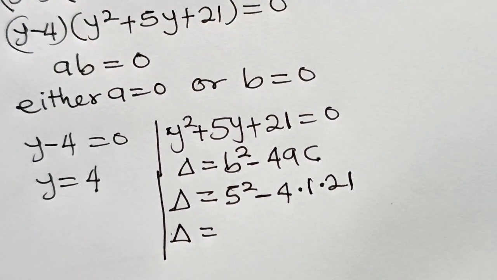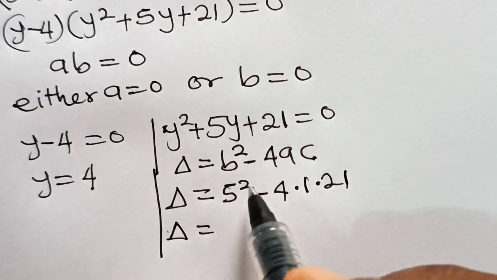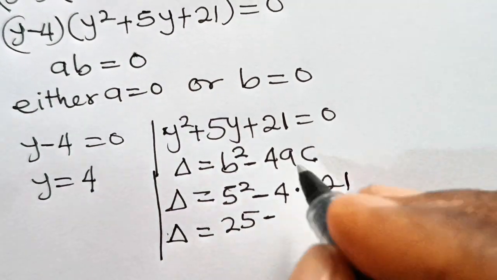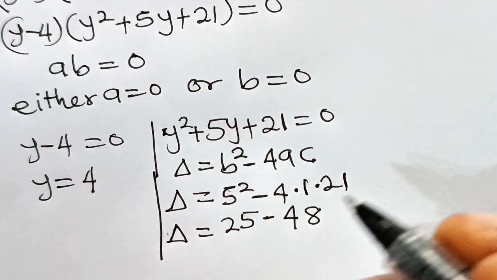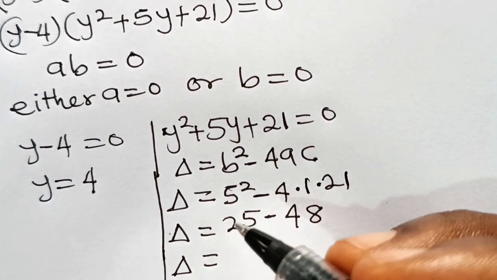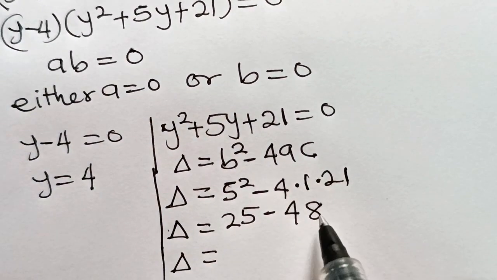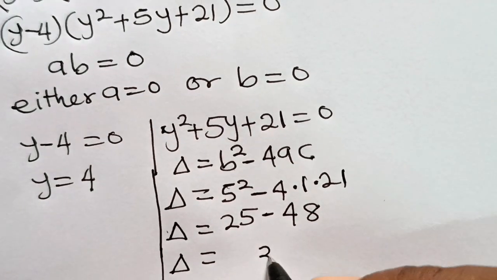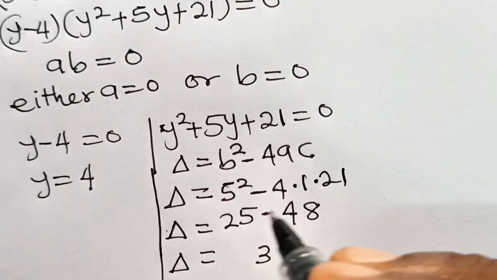So our discriminant is equal to 5 squared is 25 minus 4 times 21.